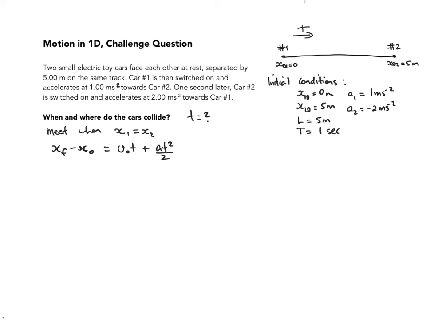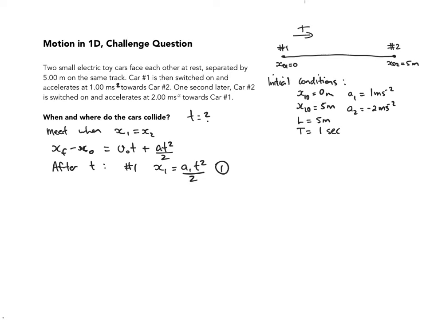So we look at the equations of motion. So after some time, after t, we can look at the two cases for the cars. So for number 1, we use that equation. Our x naught is going to be 0. V naught is going to be 0. So we have x1 is equal to a1 t squared over 2.